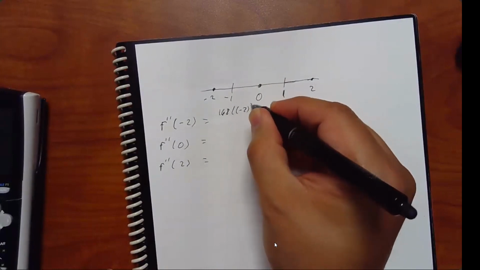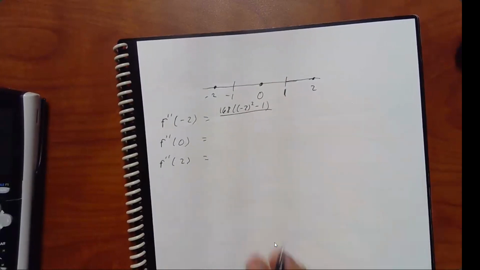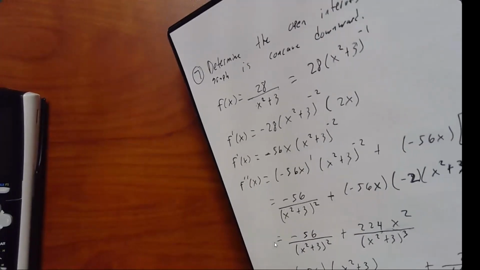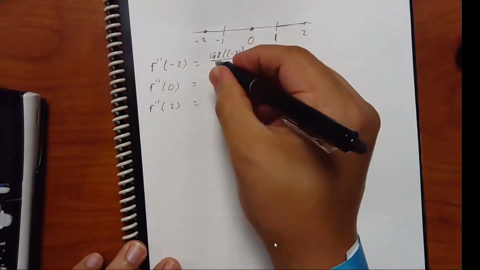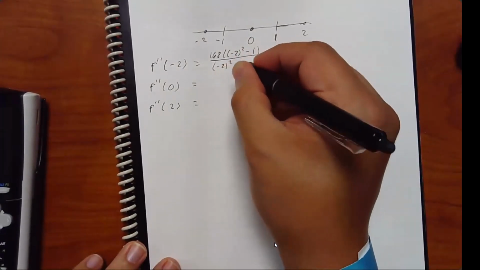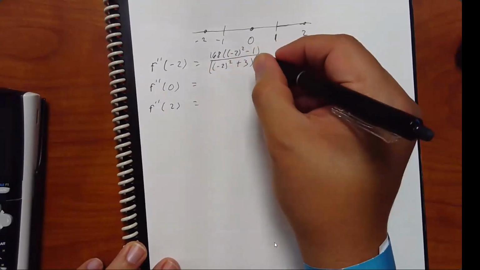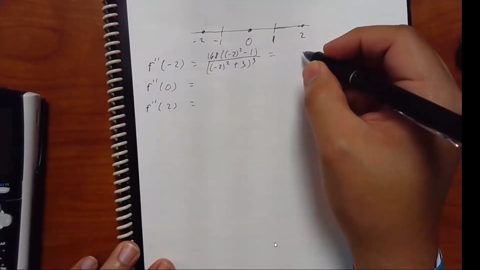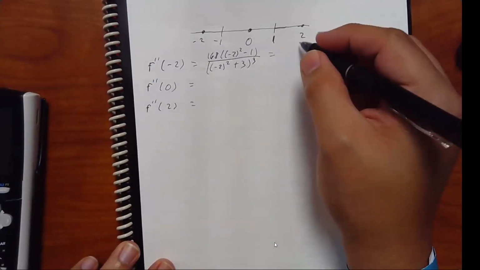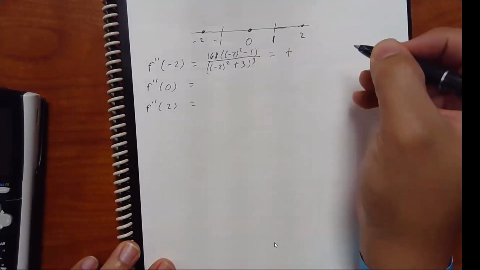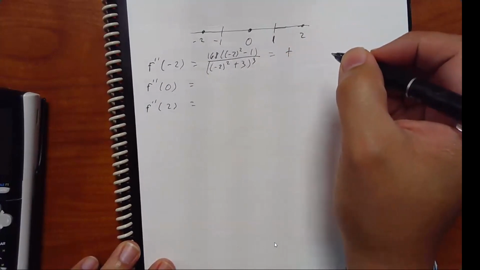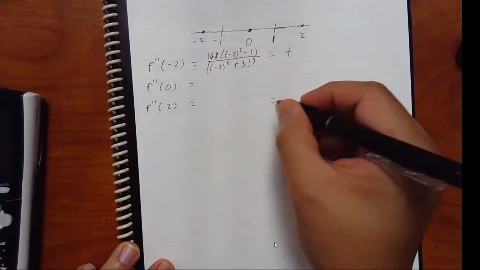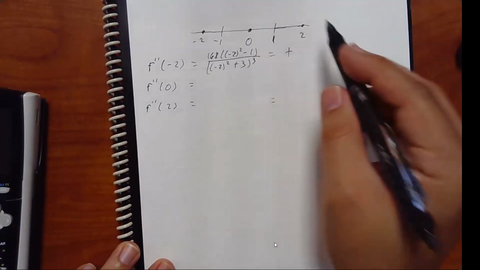That'll be -2 squared minus 1 over -2 squared plus 3 cubed. So this will be positive on top and positive on bottom, so plus. 2 will be the same because you're going to square those numbers, so this will also be plus.